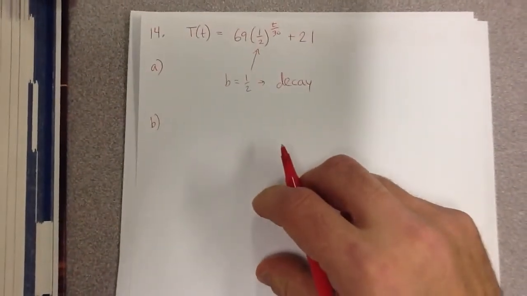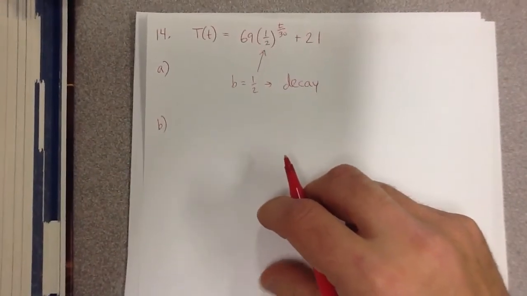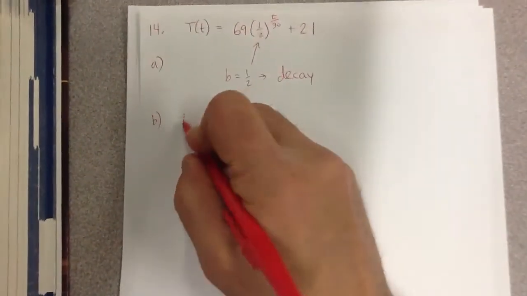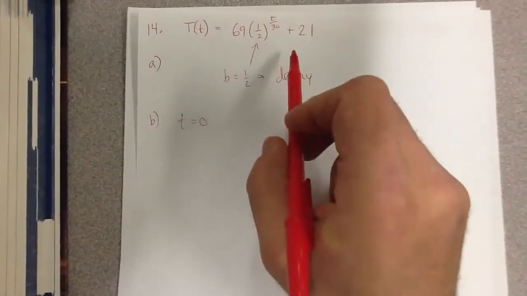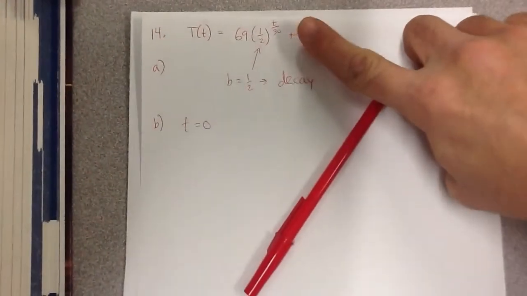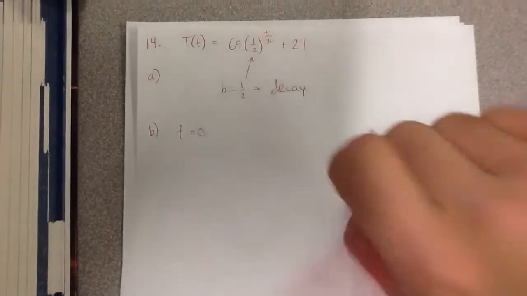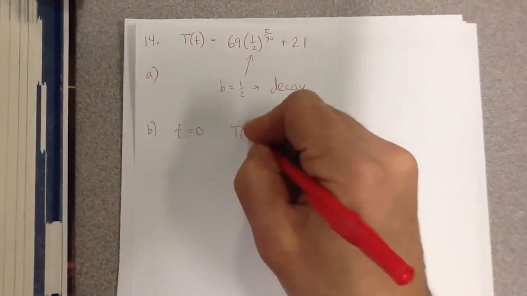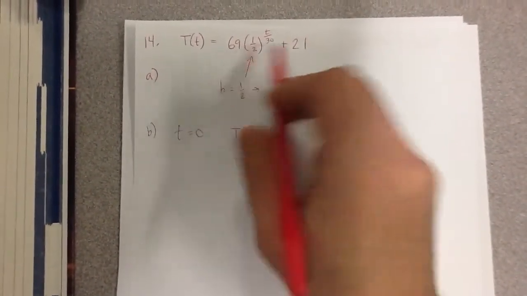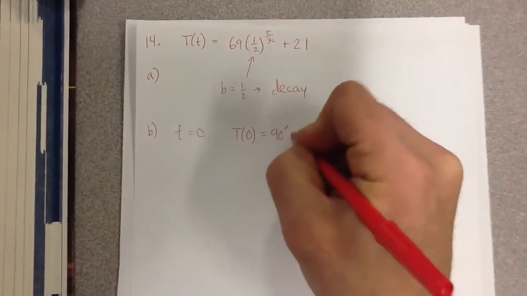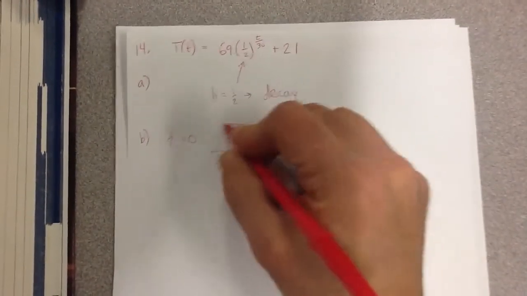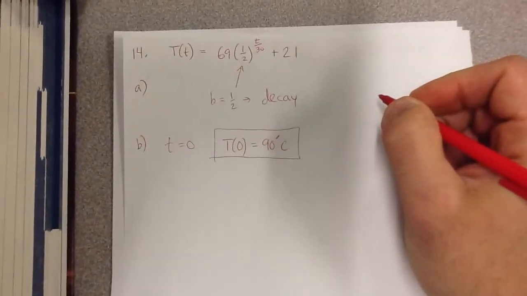B, what was the initial temperature of the coffee? Well, you can just plug in time equals 0 into this formula, or you could just remember that the initial is 69, but then plus 21. And so the initial temperature at time 0 is going to give you 90 degrees Celsius, when you plug in a 0 there.